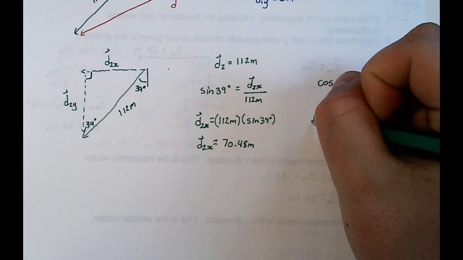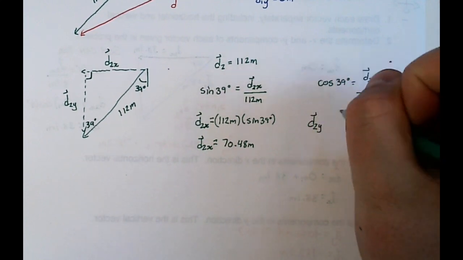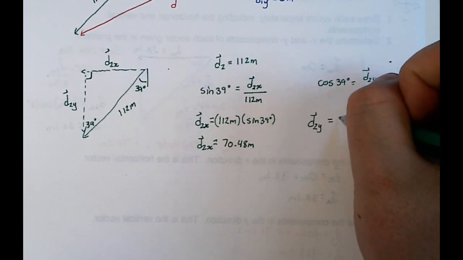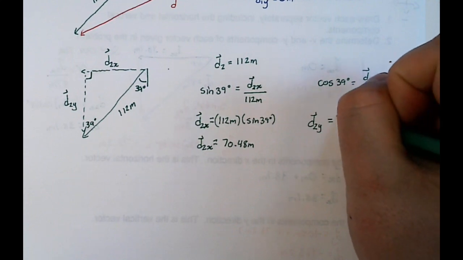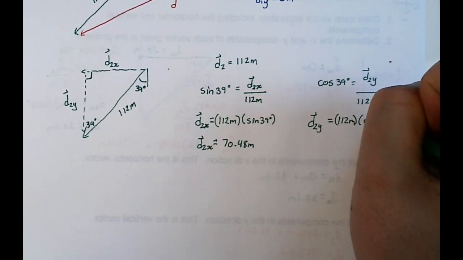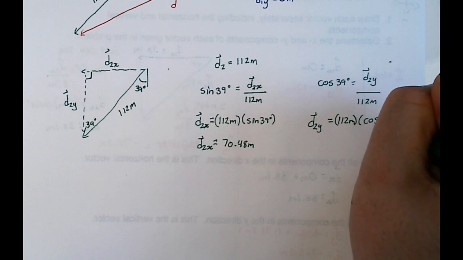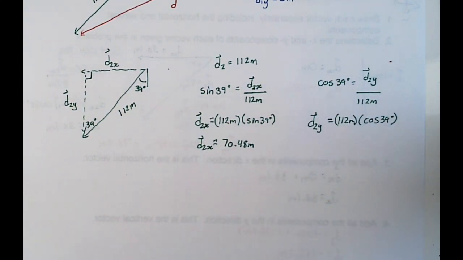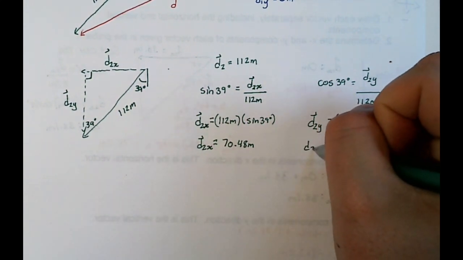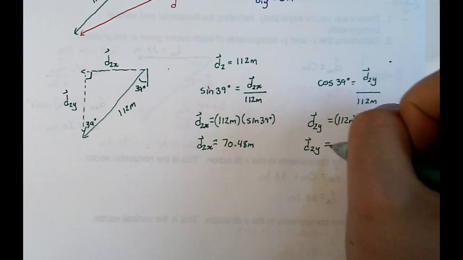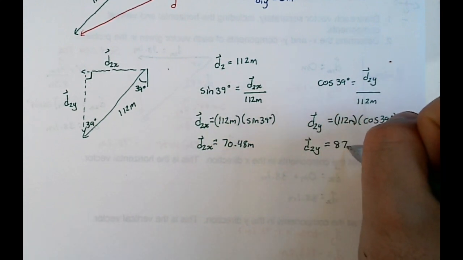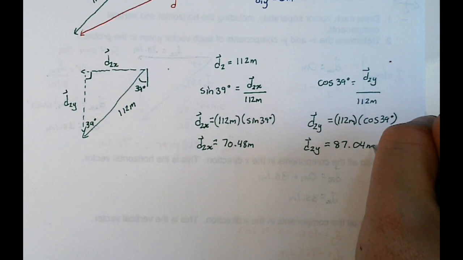So when we rearrange, d2 in the y direction is equal to 112 meters times cosine of 39 degrees. When you calculate and solve, you are going to get an answer of 87.04 meters.